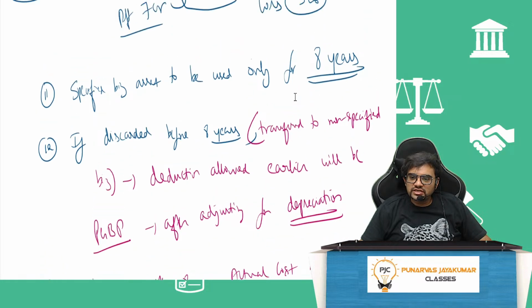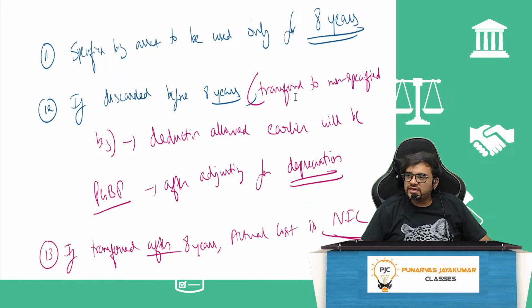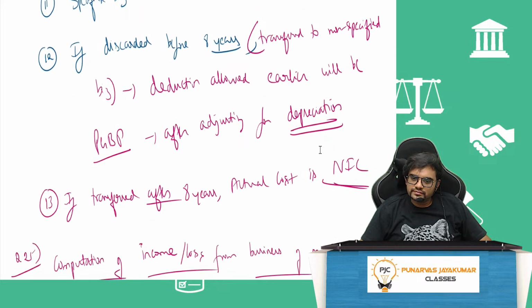Specified business asset to be used only for 8 years. If it is discarded before 8 years, whatever deduction you have claimed earlier will be PGBP minus depreciation. Why? Because, for example, you had bought for 10 crore, full 10 crore you debited to P&L account.